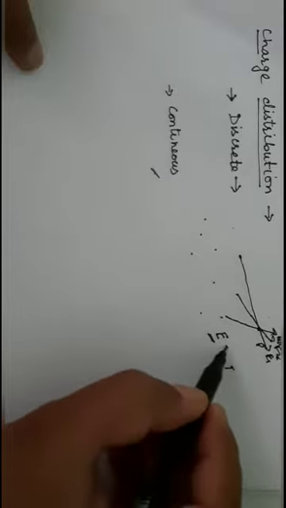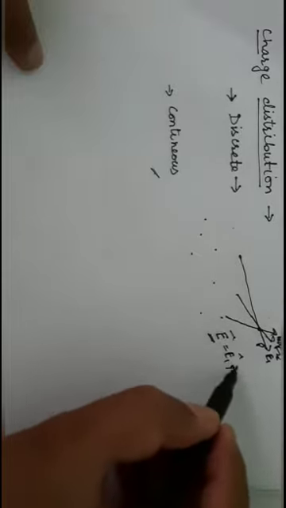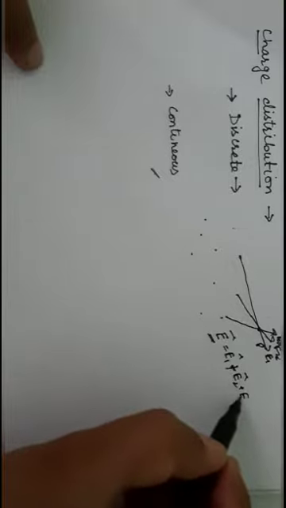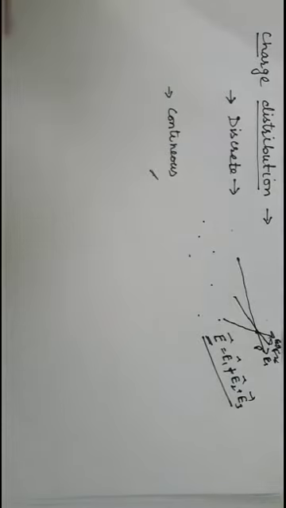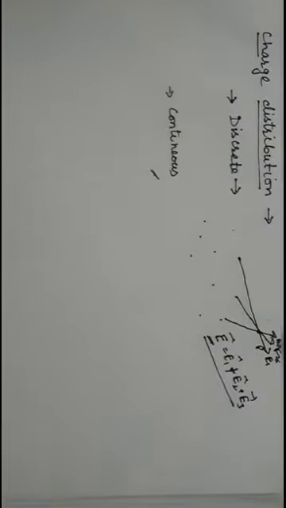The total will be E1 vector plus E2 vector plus E3 vector. So this is how we can calculate the electric field due to a discrete charge distribution. It is easier because no calculus is involved.